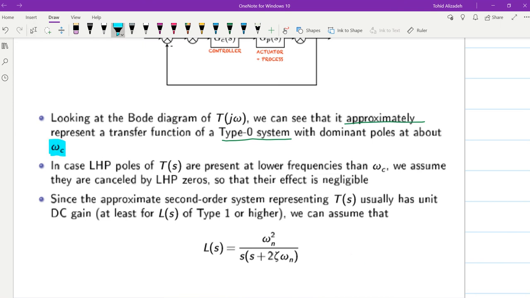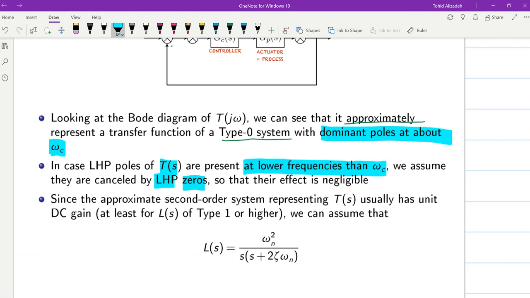If there are other left half plane poles of T of S which are present at lower frequencies than omega c, so they are closer to the origin or to the imaginary axis, we assume that they are cancelled by left half plane zeros. So there are zeros nearby them, so their effect is negligible. And therefore, the closed loop system, the T of j omega, could be approximated as a type 0 system again, with dominant poles at about omega c.